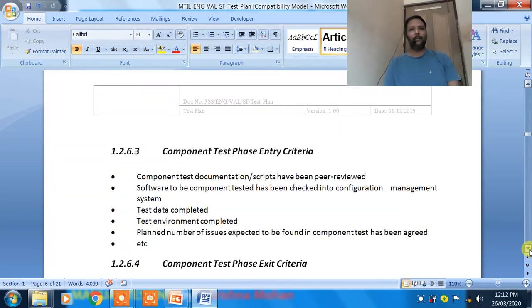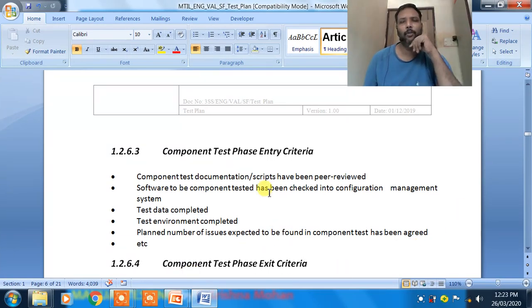Then this is actually component level testing. In component testing, it is the module. If you are doing module-wise testing, then this component testing will be done. Sometimes, if embedded systems are involved in our software, then there will be some hardware. If you are testing any hardware related things, we will be planning for those components.